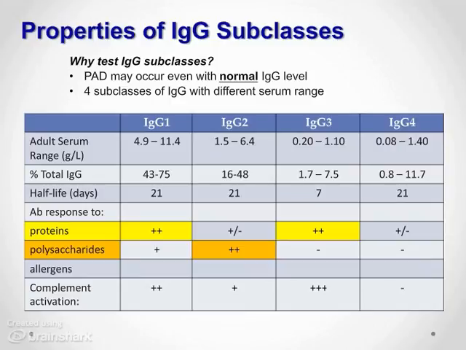This table shows the prevalence of the different subclasses. IgG 1 and 2 are the most abundant in the serum. IgG 2 is usually associated with immune response to polysaccharides, while IgG 1 and 3 are more associated with responses to proteins, such as from bacteria, virus, or other immunogens.